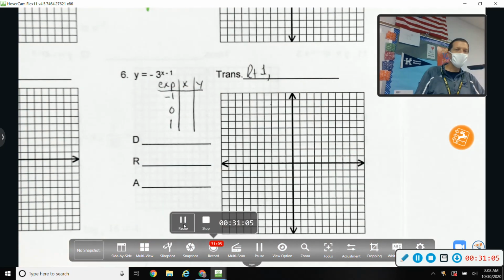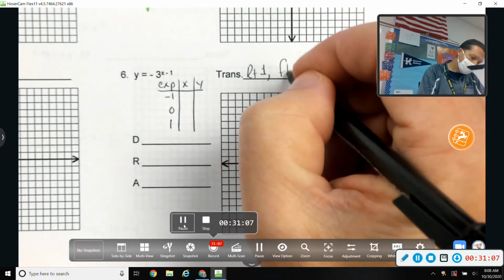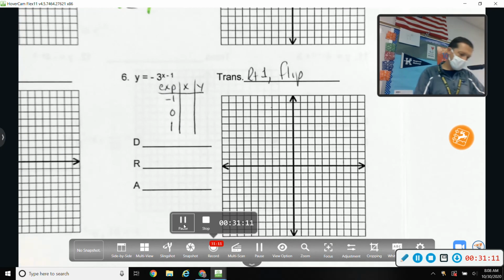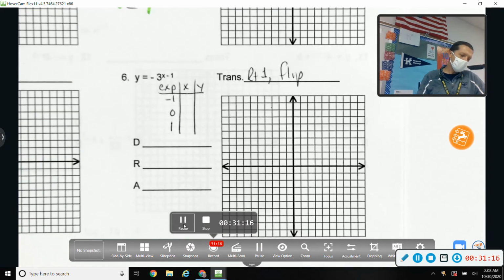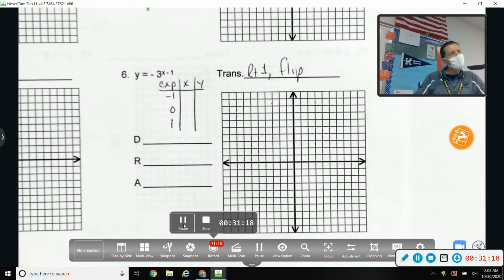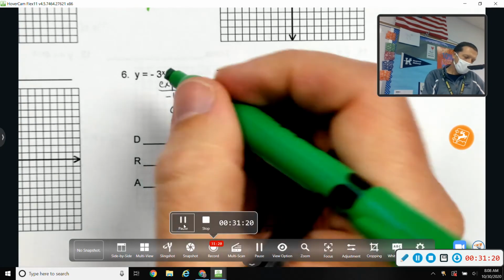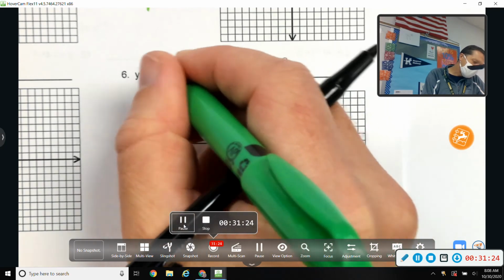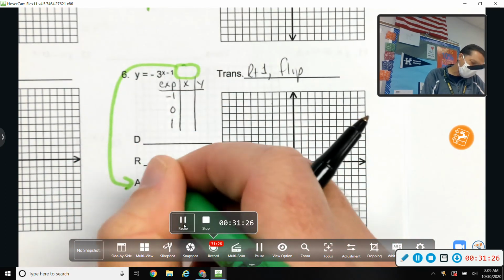Flips it. So this is definitely going to be different. Can you tell what the asymptote's going to be even before we start the problem? Remember, it's the number that's out here after all of this stuff. There's not a number out there. So it's going to be 0.